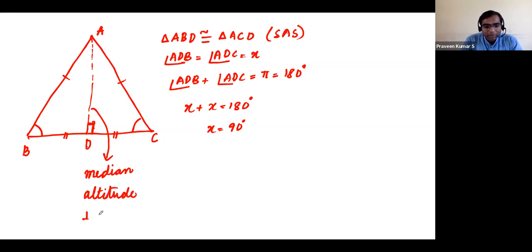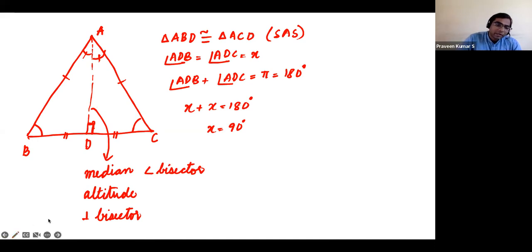It will be the perpendicular bisector. Will it also be the angular bisector? Yes, sir. Because these two angles will be equal, no? By congruency. And this will also be the angular bisector. Okay. However, will I be able to say the same thing if I draw a median here?